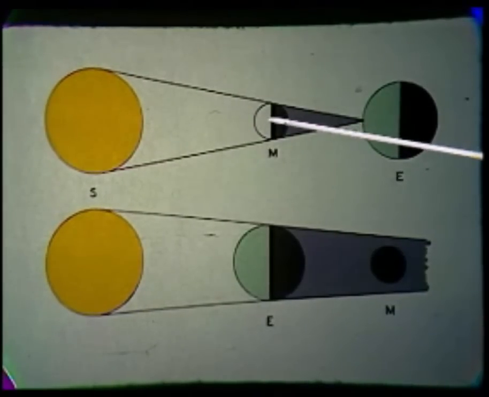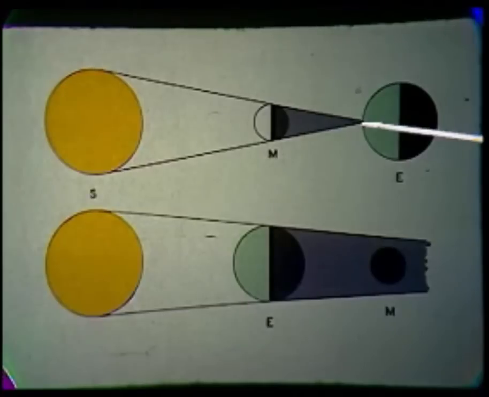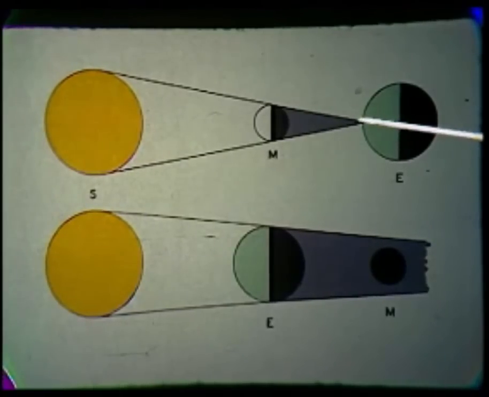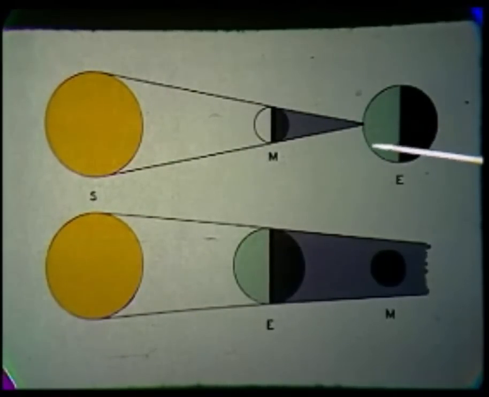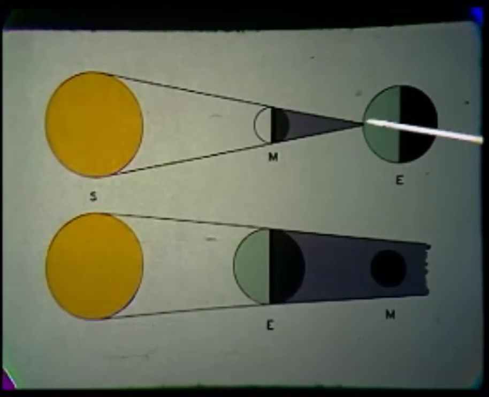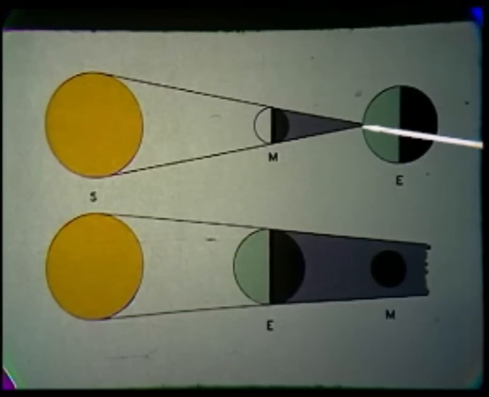Now, if the Moon is close to the Earth, then this shadow cone will cut out a piece on the surface of the Earth that is large enough so that somebody who stands there will see the whole Sun eclipsed.